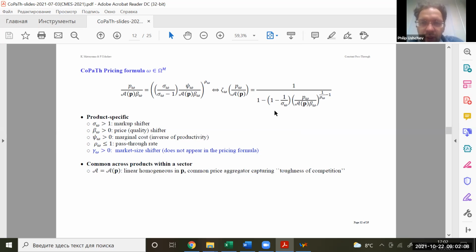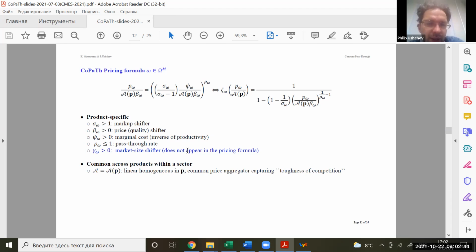And in doing that, we allow for a number of heterogeneities. So you see in this pricing formula, we have a product-specific markup shifter sigma omega. We have a price or quality, variety-specific shifter beta omega. We have heterogeneity in the marginal costs across firms. We have exogenous heterogeneity in pass-through rate.